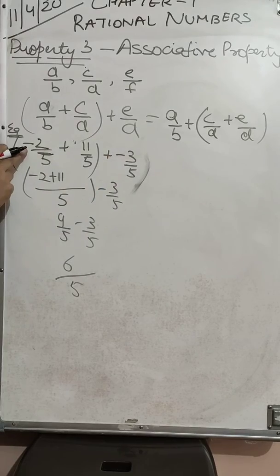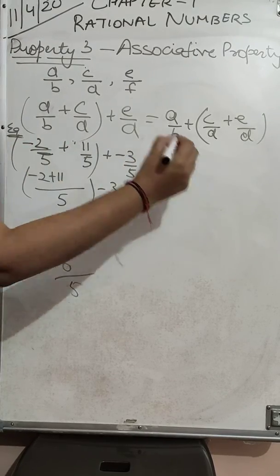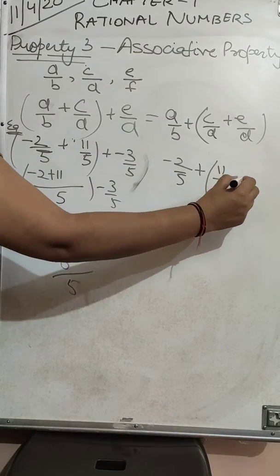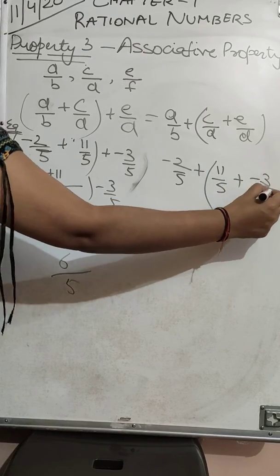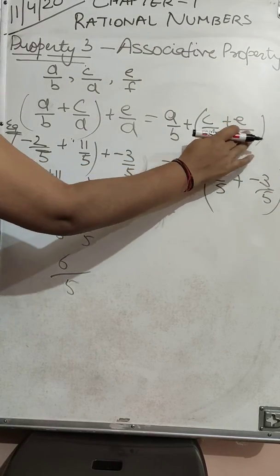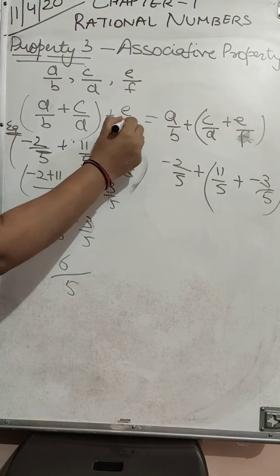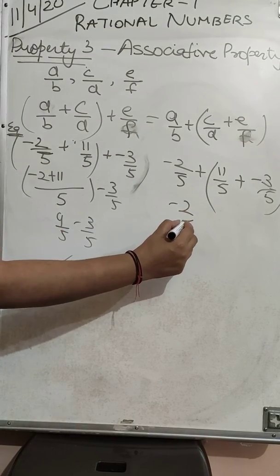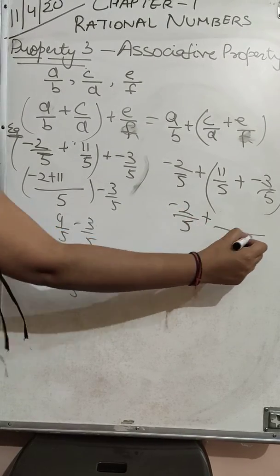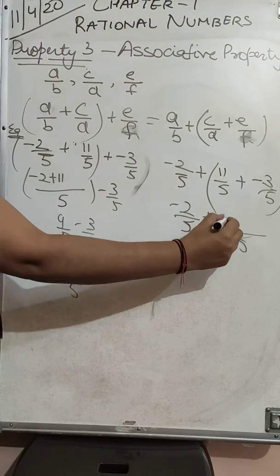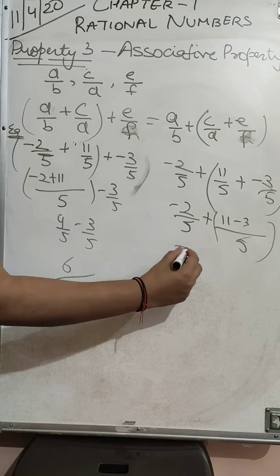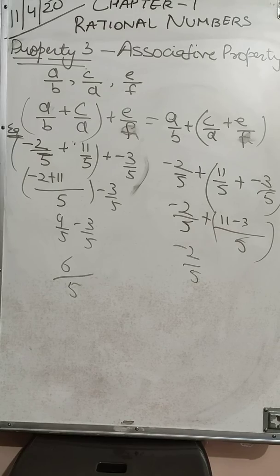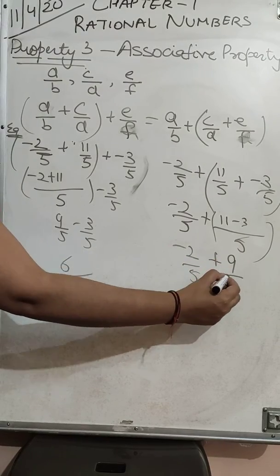Taking this on the next part. See, A upon B was minus 2 upon 5, right? Now plus C upon D was 11 upon 5 plus minus 3 upon 5 was E upon F. Now solve it. First we are going to solve the bracket part. So 5 is the LCM. Now 11 minus 3 is 8. Minus 2 upon 5 plus 8 upon 5.